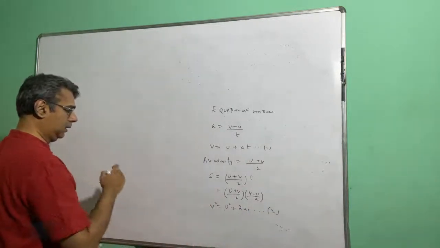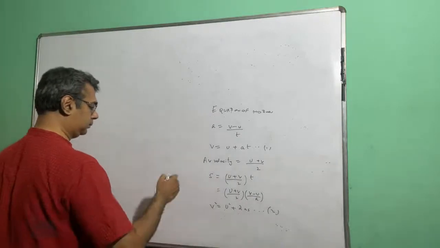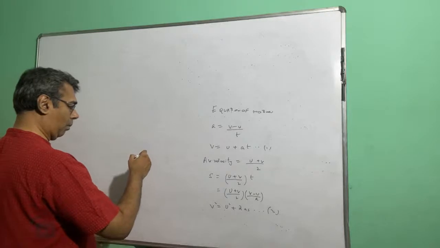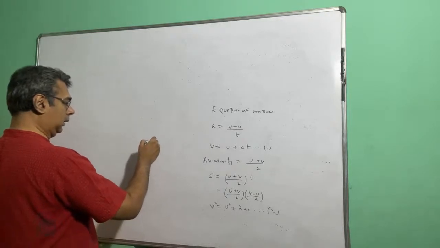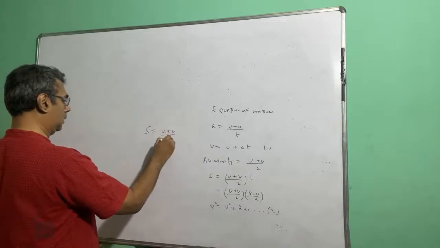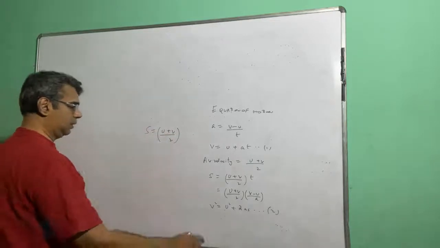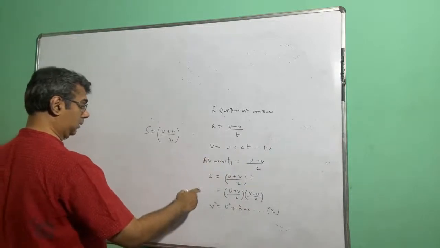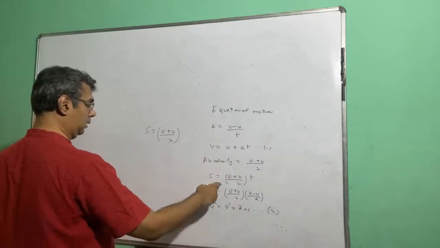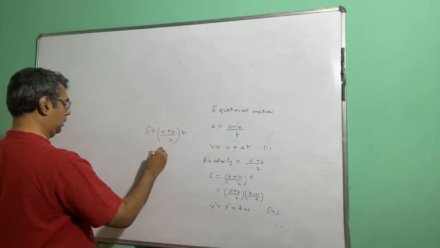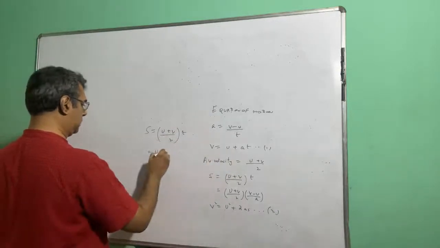Right. Then displacement is u plus v by 2 into time. Here you can write v as u plus at.